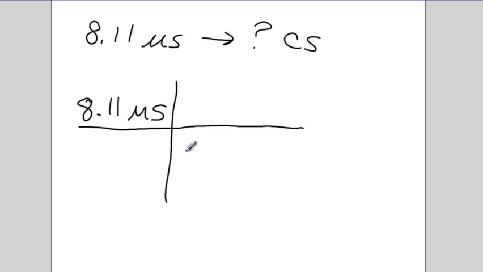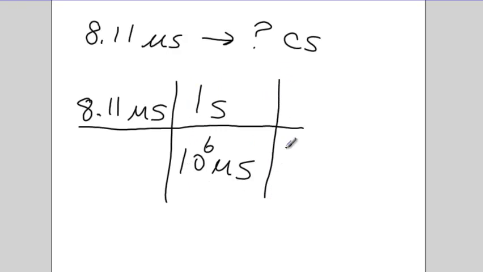I know that for every 10 to the 6th microseconds, there's a second. I know that because micro is a teeny tiny little thing, so the big number has to go next to the small unit. So there's 10 to the 6th microseconds in a second. And then I can also say that for every 1 second, there's 100 centiseconds.